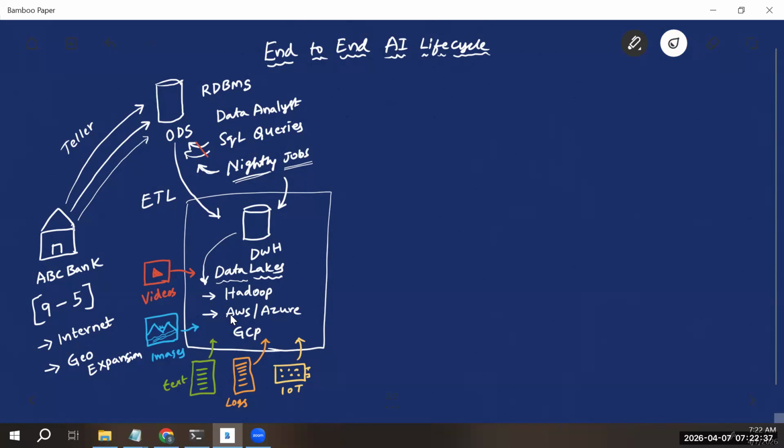Even today, we do have a lot of jobs in this spectrum, where it involves data ingestion, data transformation, and data storage processing. And this spectrum is called data engineering.